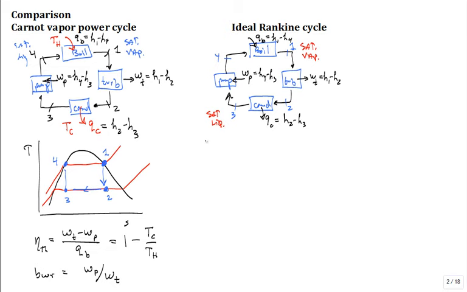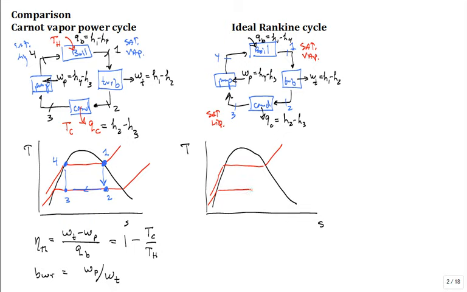Let's go ahead and sketch it on a temperature-entropy diagram. We'll put our high pressure line and a low pressure line of constant pressure, high and low. The location of state 1 didn't change. The location of state 2 didn't change, but the location of 3 did change, and the location of state 4 did change.